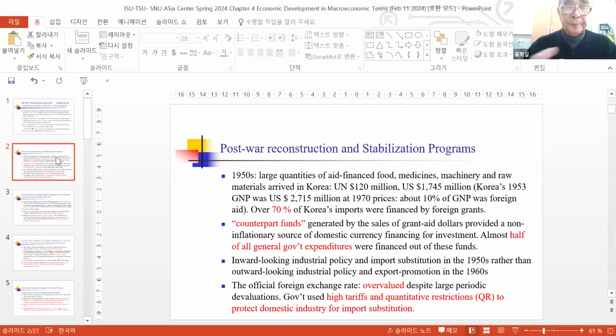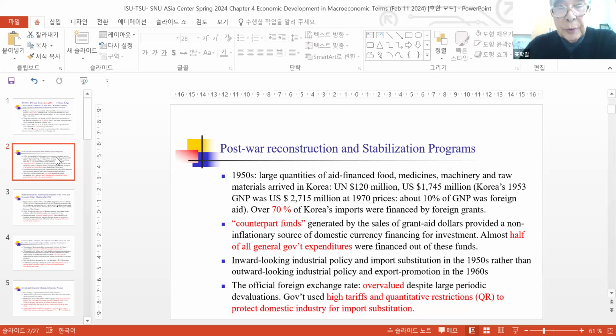In other words, counterpart funds are a vehicle to protect the economy from hyperinflation. So instead of money inflow, they create commodity in kind, farm products in kind flow to the market, so as to put down inflation.